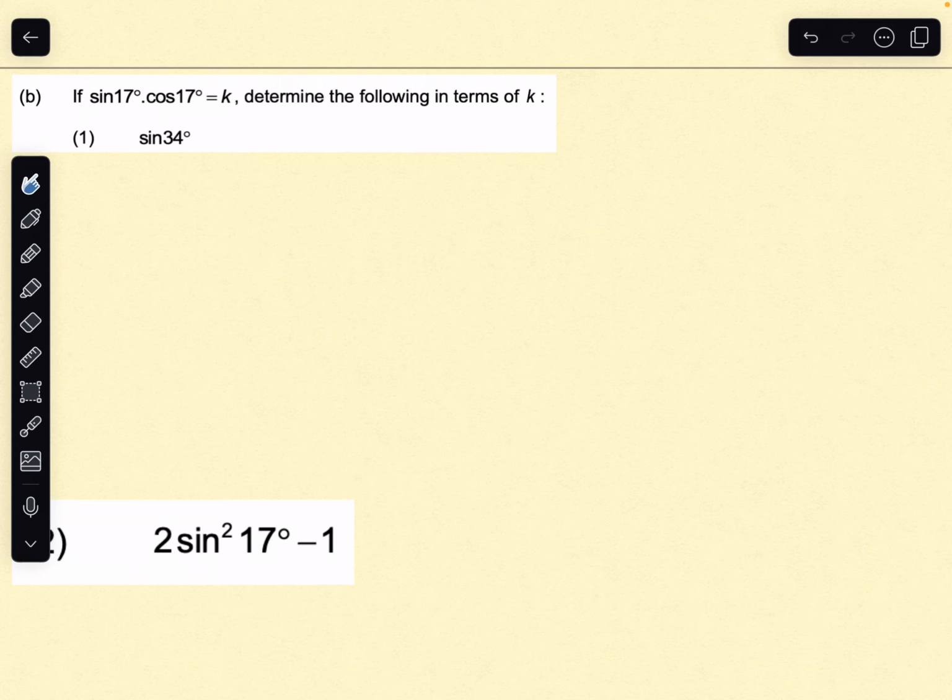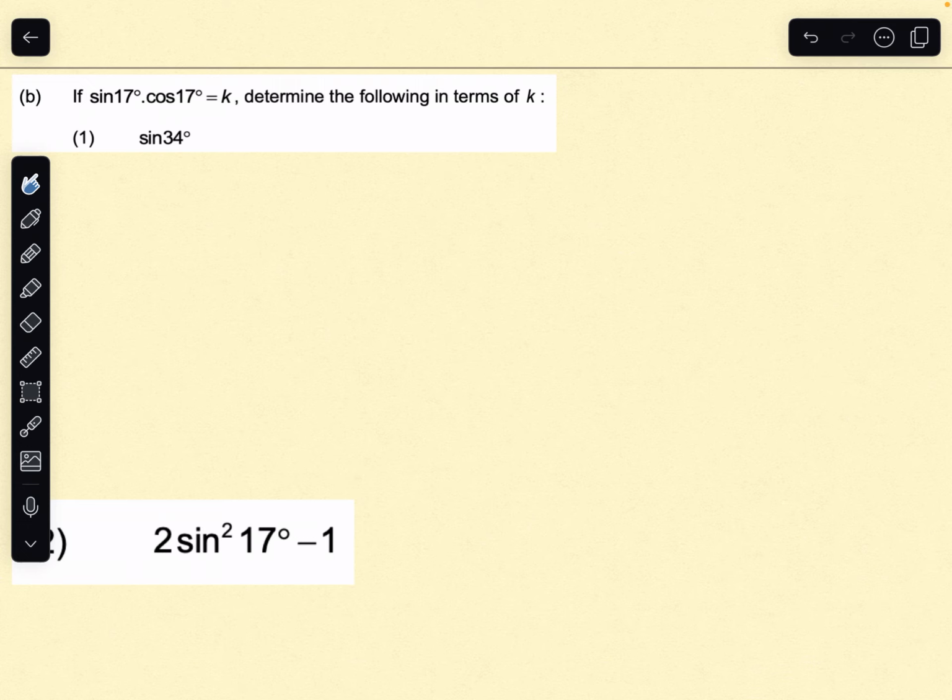Right, so the first one is sine 34. It does help to see that 17 is half of 34. That hints to me that we are probably in the land of double angle identities.